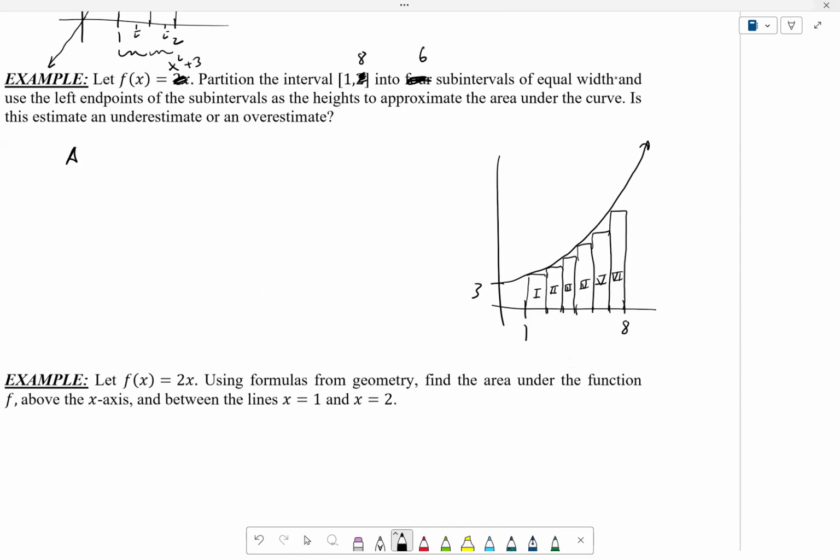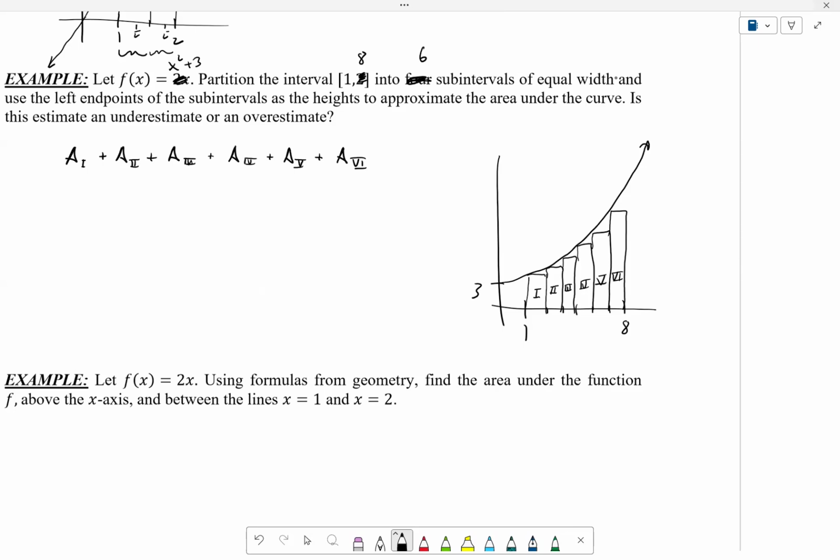So what we need to do is the area of region 1 plus the area of region 2. Oops, I'll stick with Roman numerals now that I started in that direction. Plus area of region 4 plus area of region 5. I wish we would have chosen 3. Okay, here we go. And the first area is what times what?